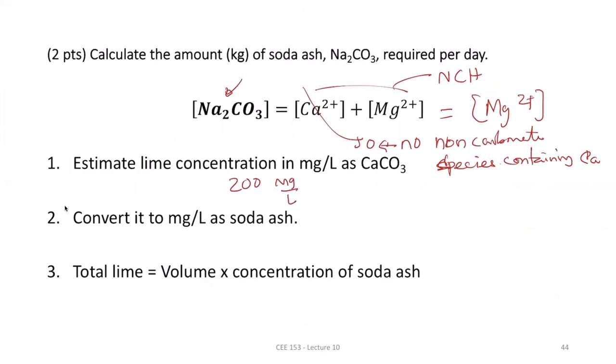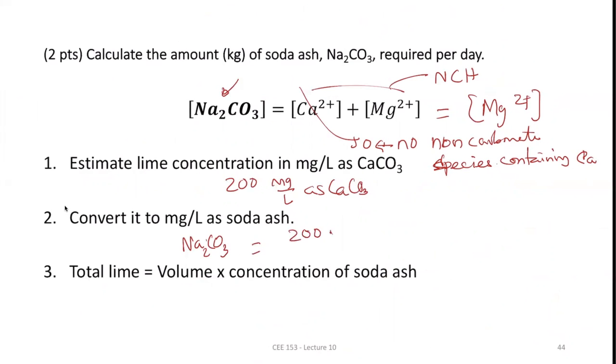And then the amount of Na, you want to calculate as Na2CO3, not as CaCO3. Again, you do the same thing. You multiply 200 milligram CaCO3, then the equivalent weight of calcium carbonate is 50, and the equivalent of sodium carbonate is actually 106.